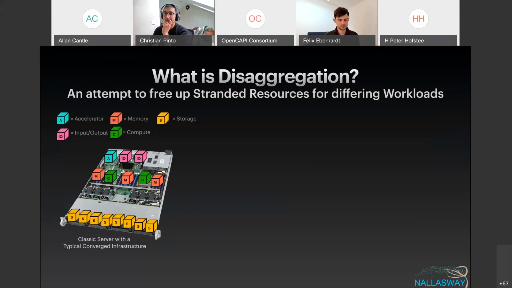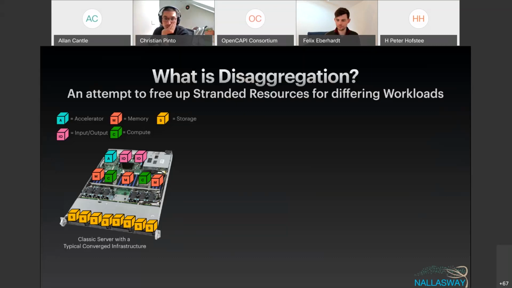Now, when you run a particular workload, you will typically use more or less of each of these resources. And the challenge is often these resources will get stranded and unreachable by other nodes. And so the desire is to disaggregate this and make it more reachable by everybody.